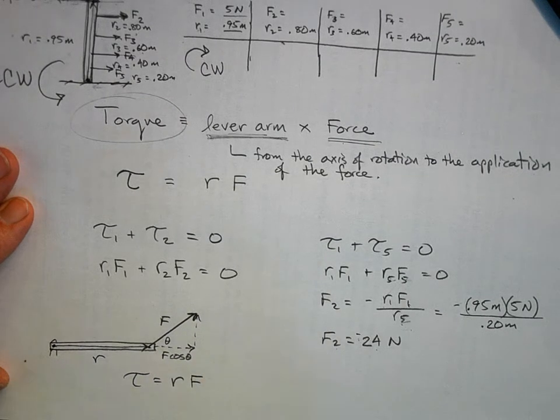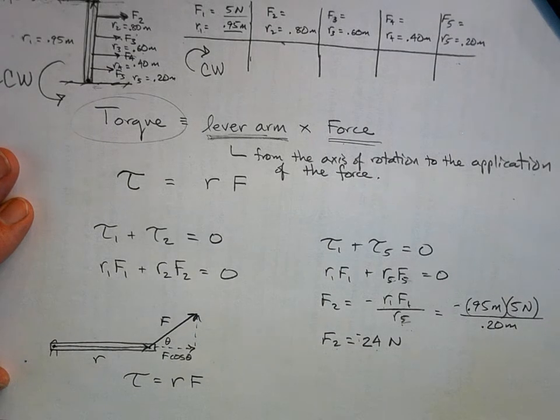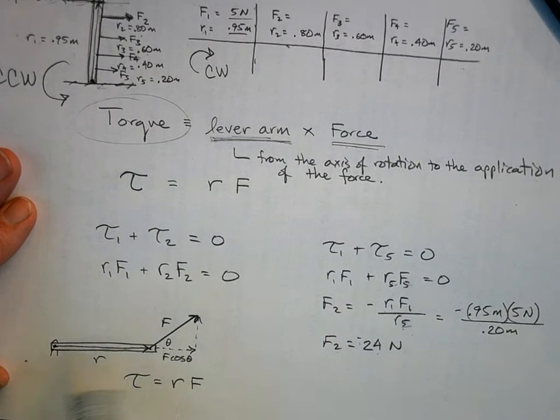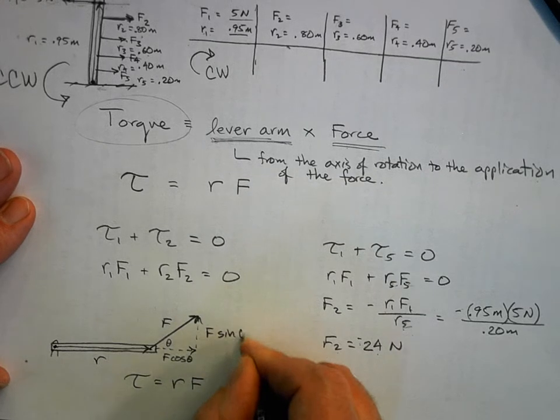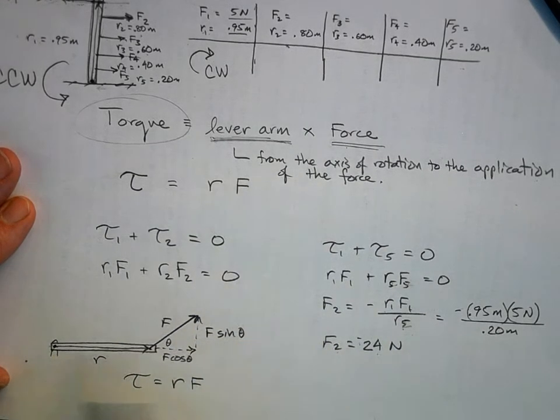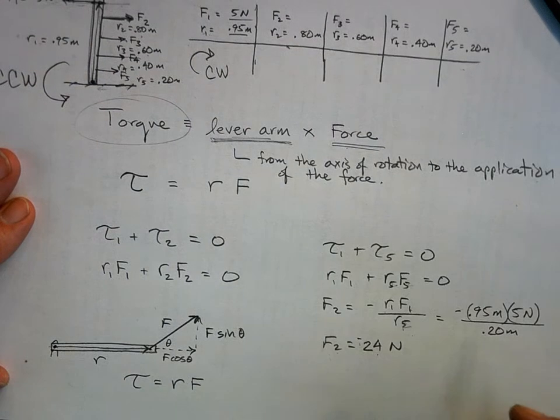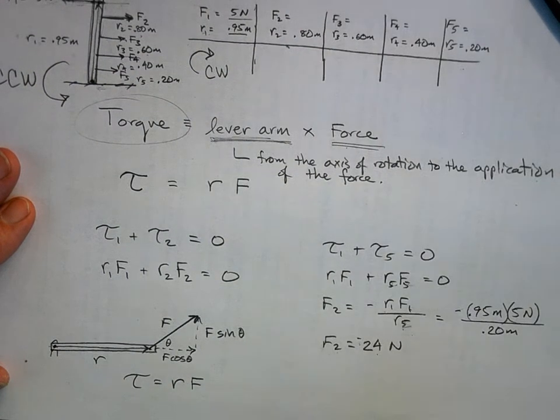And F cosine theta isn't trying to make the stick twist. It's not contributing to the rotation of this. Only the component of the force that is perpendicular to R contributes to the torque. So this is F sine theta.